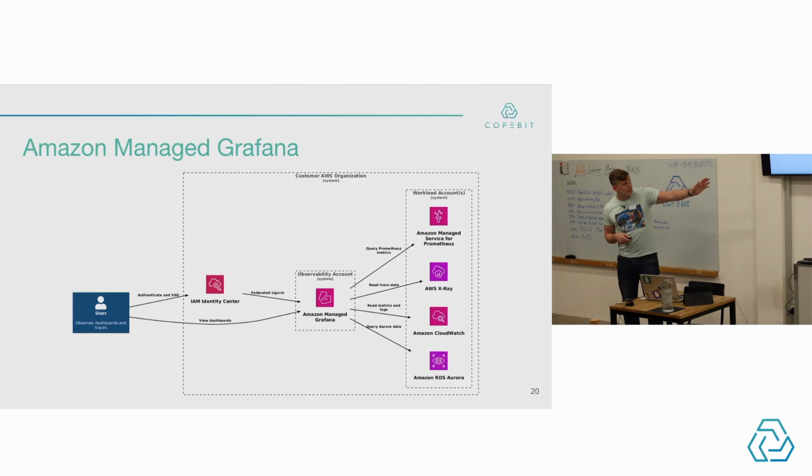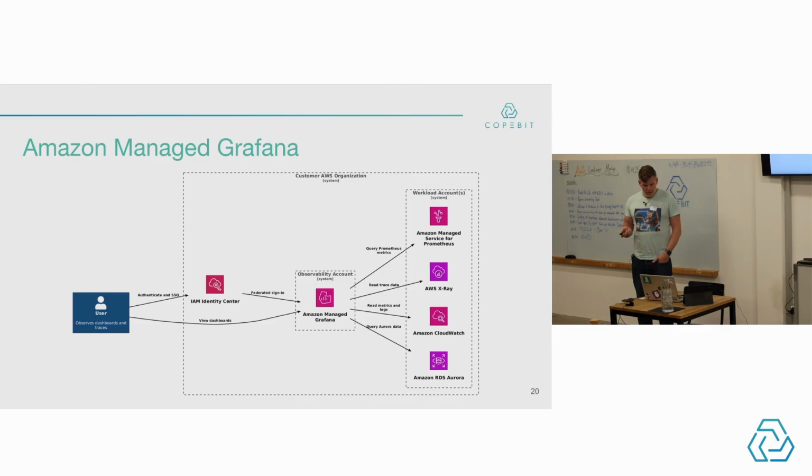For example, to connect to an RDS, you just connect through a VPC, and with Managed Prometheus, which we are using in another project, you just give the endpoint and they talk over AWS PrivateLink, and cross-account data collection is super easy.